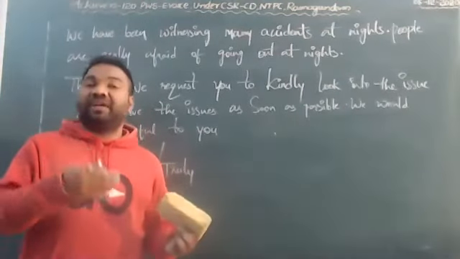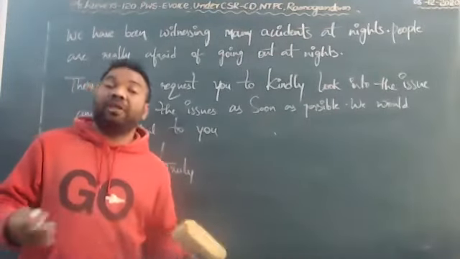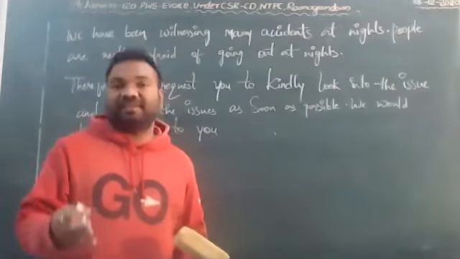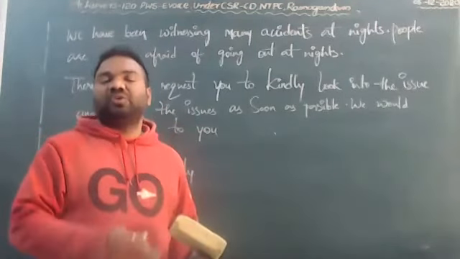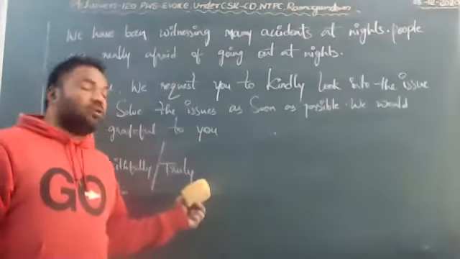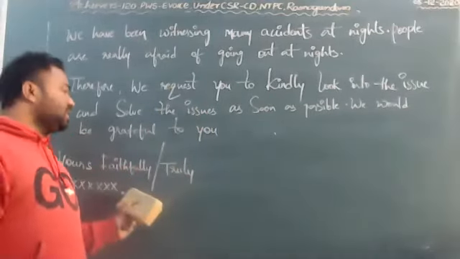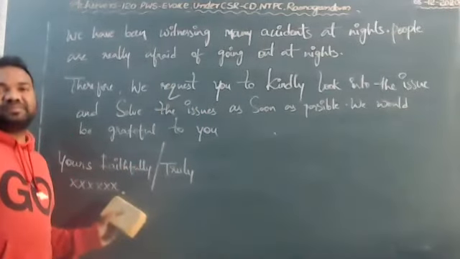Okay. After that, the body of the letter, which carries 5 marks out of 10. The body of the letter has to be started with some definite lines, as I told you. And next, closing lines. Last, superscription.